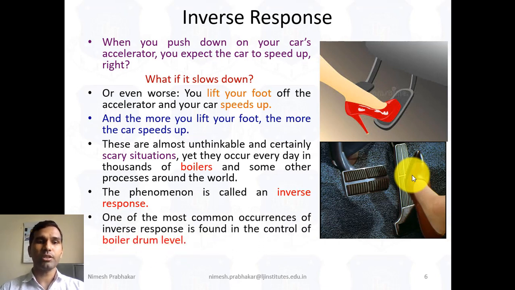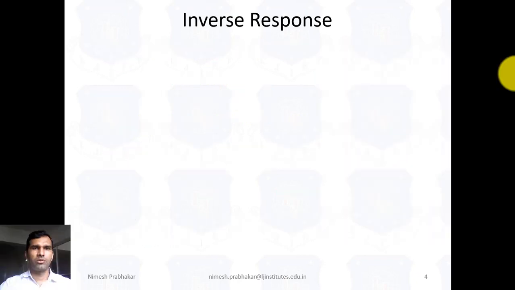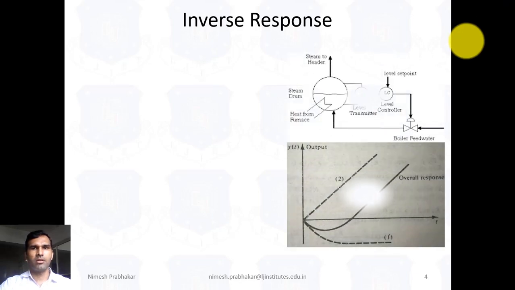Now, one of the most common occurrences of the inverse response is found in the control of a boiler drum. So now we understand the inverse response in terms of the boiler drum. Here in the figure is a representation of a simple drum boiler.